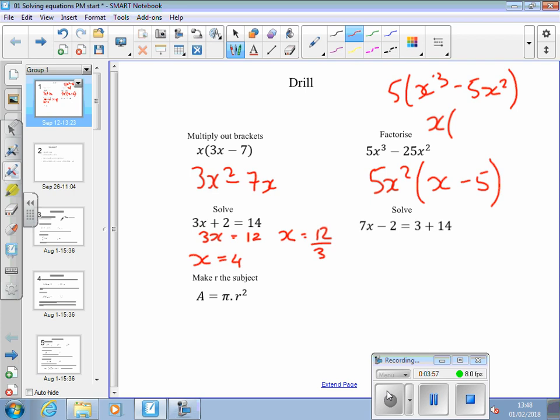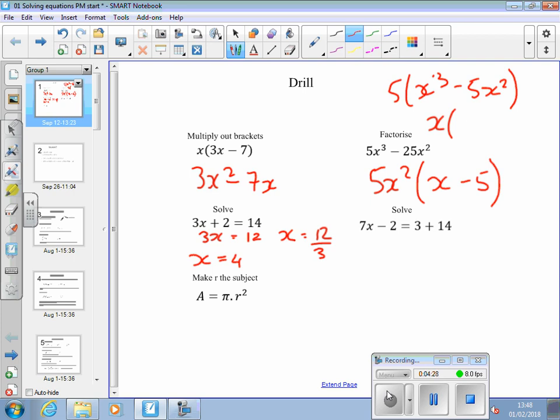In a way you can think of that rearranging as doing the opposite of BIDMAS. You cannot divide by 3 until you've got the 2 over on the other side. Because if you divide this side by 3 straight away, you'll lose the 3 in front of the x, but you'll turn that bit into 2/3. Okay?